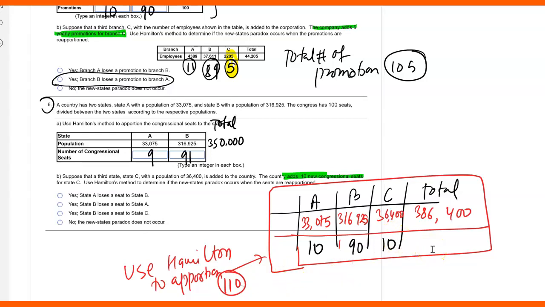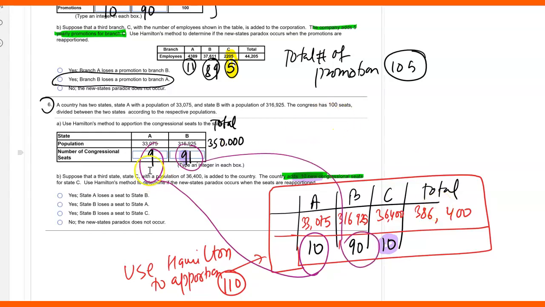Okay, now let's see. The question is, determine if the new state paradox occurs when the seats are reapportioned. See, we reapportion the seats with the new state. C has 10 congressional seats, right? But notice that for the other states, 9 changes to 10, 91 changes to 90.